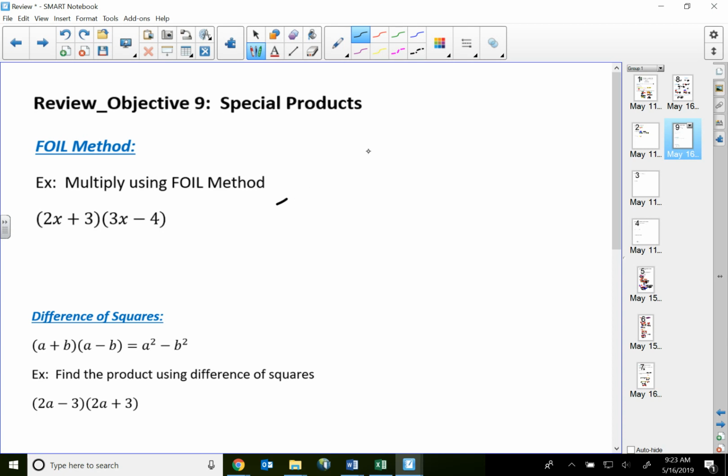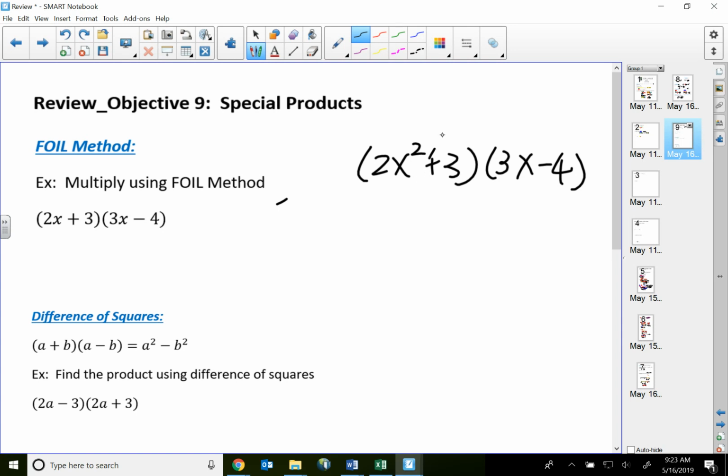So for example, if I have maybe 2x squared plus 3 times 3x minus 4, even though this looks like two term times two term, most of us think about the FOIL method, but this is not the type of FOIL method that we are thinking of. Because in a polynomial, if the highest exponent is 2, then the next term should have an exponent 1.